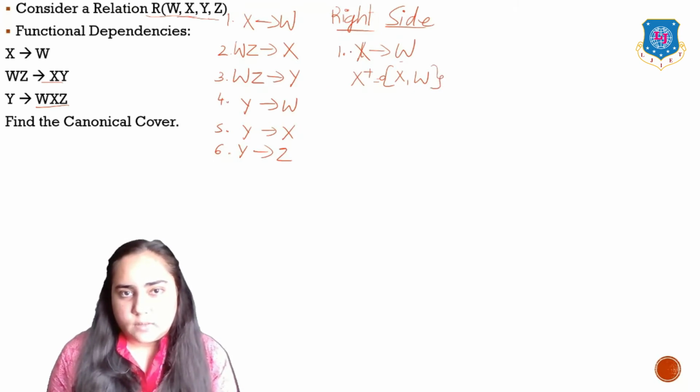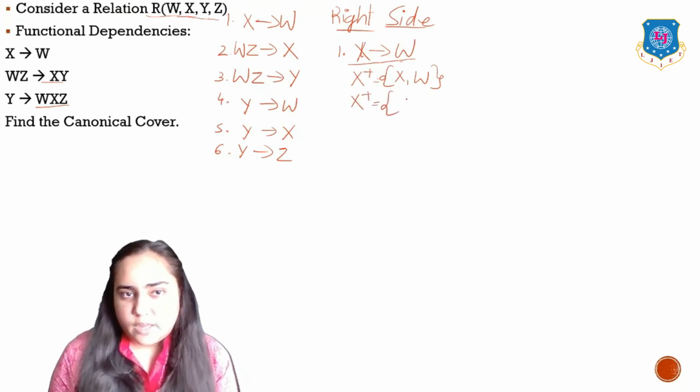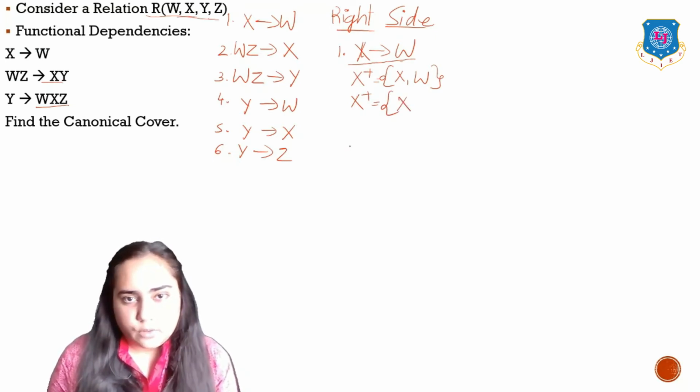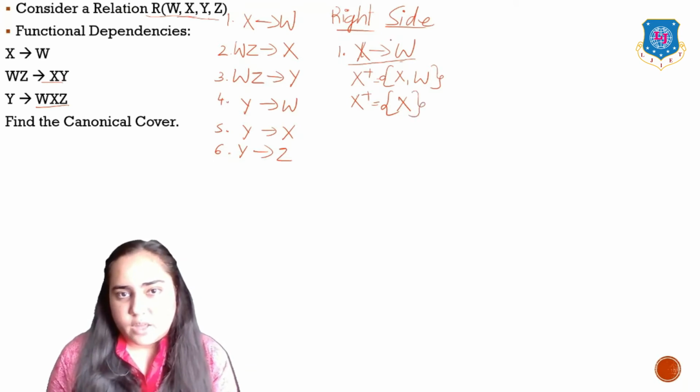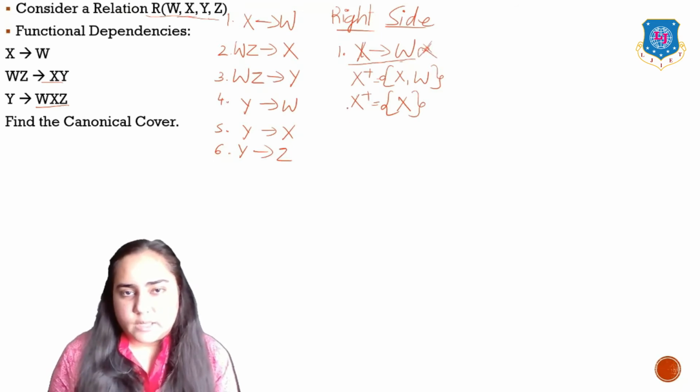Now, imagine that this dependency I have written, I'm removing from these 6, and then I'm calculating the closure of X. Now the closure of X would contain X itself, but would it contain W? No. So that means if I remove this dependency completely, then the closure of X is changing. So this dependency is not extraneous. W is not extraneous on the right-hand side, and I have to keep it. So not doing anything for that.